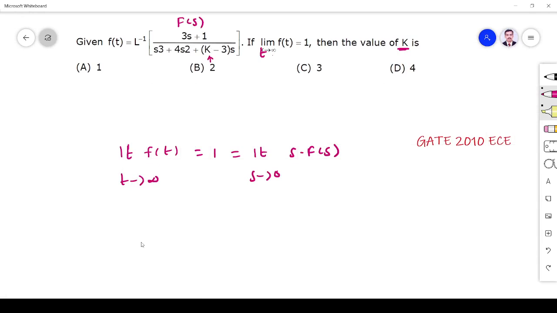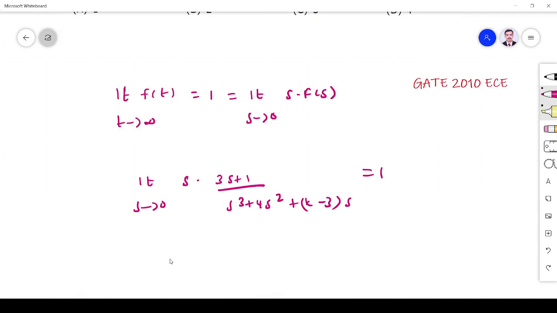So limit s tends to 0 s into F of s is (3s plus 1) divided by (s cube plus 4s square plus (k minus 3)s). That is equal to 1.